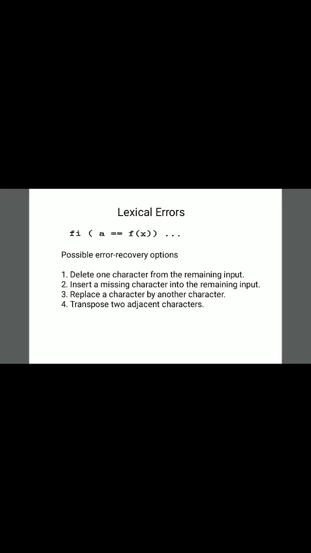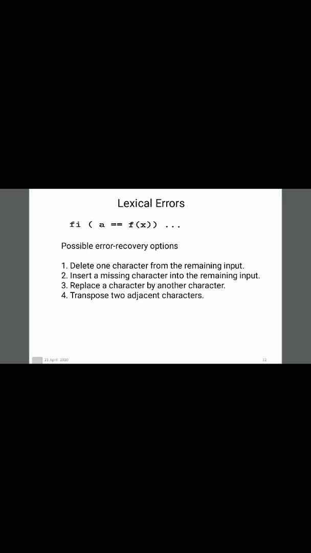Or else it can insert a missing character into the remaining input. Suppose you have missed a character, for example when writing int, you have missed the t. By inserting that character, it will be able to recognize the token and continue with execution.